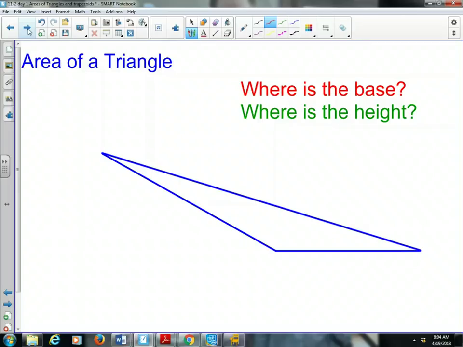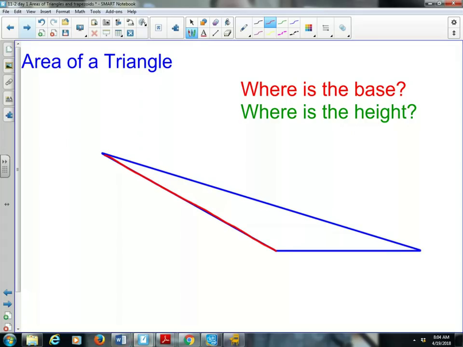If I call this distance right here the base, then the height is the perpendicular distance to the top of the triangle, which would be right there. Now this would be my height. Okay, so we've talked about if this is the base, and in a triangle, we could call this the base, right?